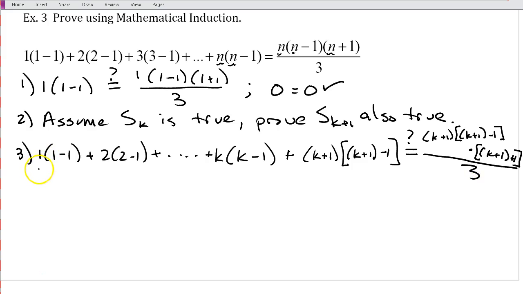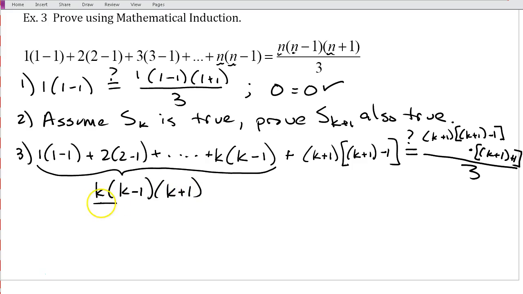All right, so all of this here, this is s sub k, and we were assuming that that was true. So we're assuming that this is going to be true, so that's k times k minus 1 times k plus 1 over 3. We're just substituting in k over here because we're assuming that that is true for s sub k. And then plus, this is just going to simplify to k plus 1 times k.